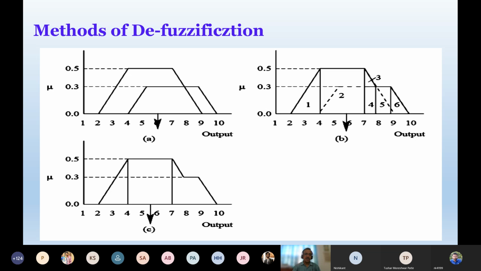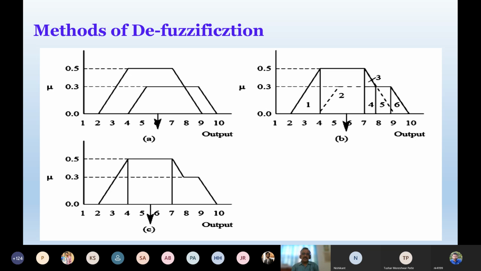I hope you have understood. This particular subregion is common to both truncated areas, and this will introduce some sort of inaccuracy in your calculation. So these two are the drawbacks of this center of sums method.